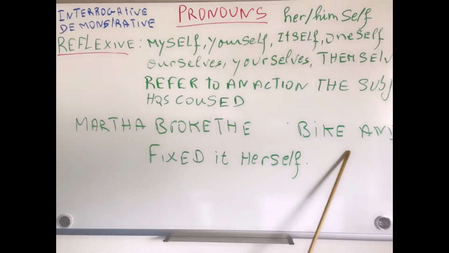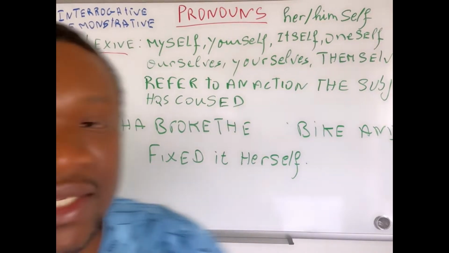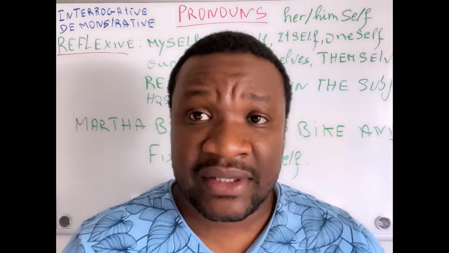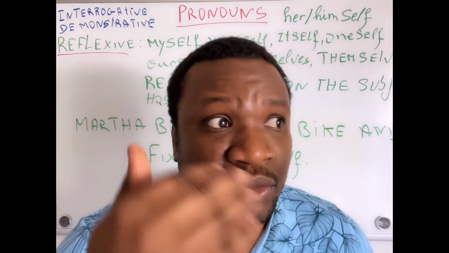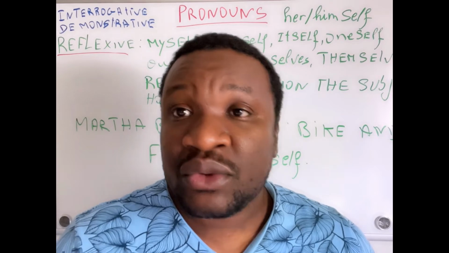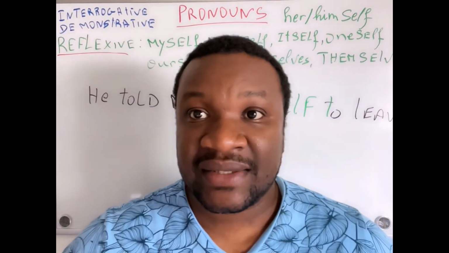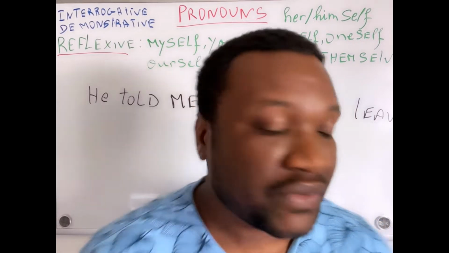Martha broke the bike and fixed it herself. You use it as well to put emphasis on the sentence, when you want to show that something is real and make your sentence stronger.